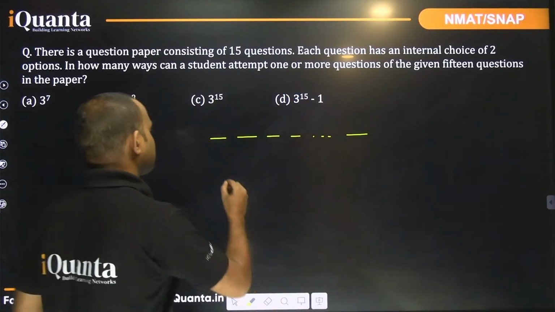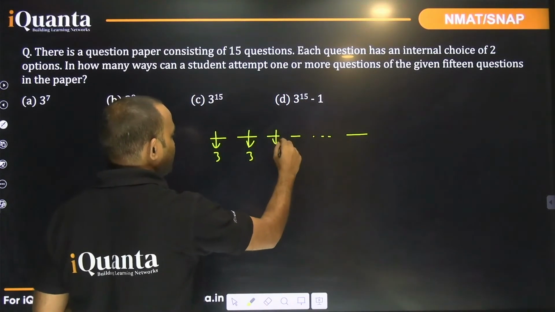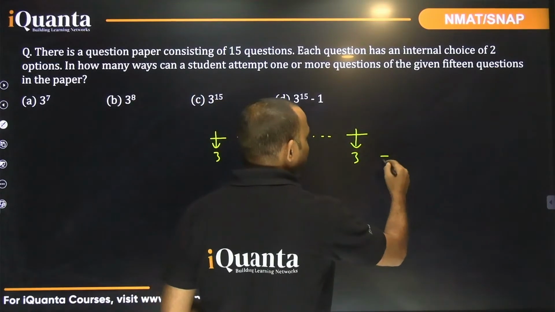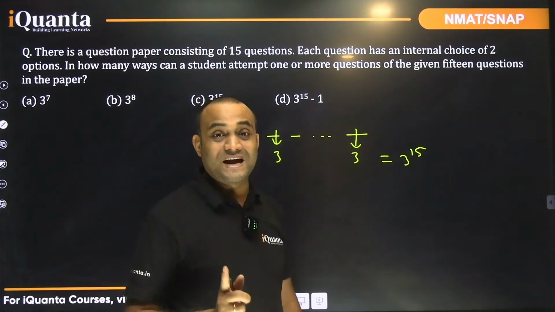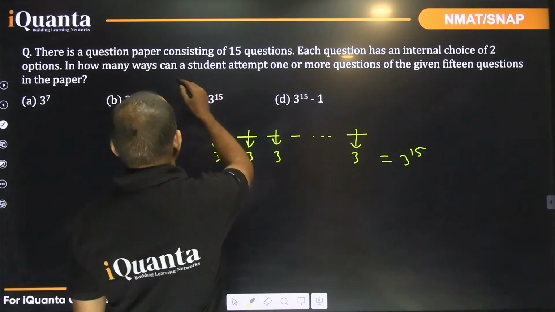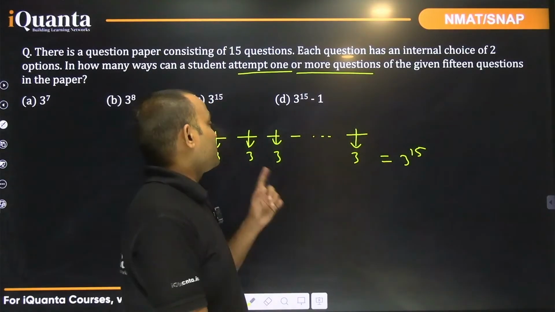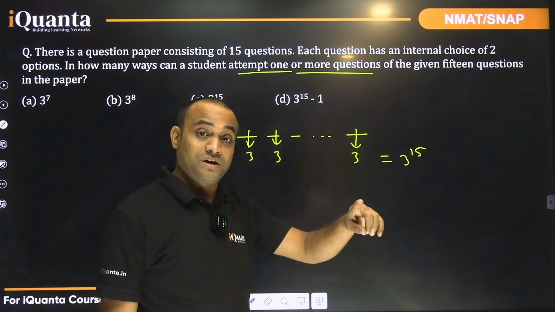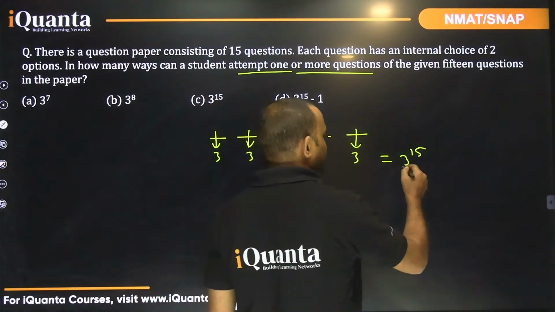So for each question there are 3 operations that can be done. So it should be 3 to the power 15, but there is one catch: it should be at least 1 or more questions. If all the questions he has not attempted, then there will be one such case that we will have to subtract.